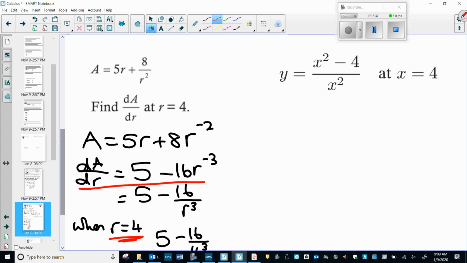Separated, yeah. So I've got y is equal to x squared over x squared minus 4 over x squared. Do you know how to find it?